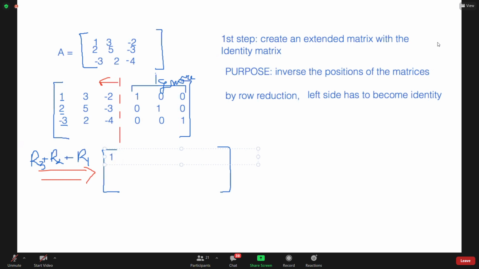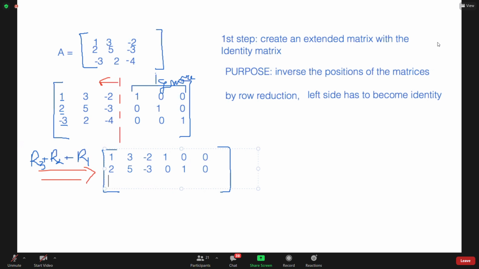So 1, 3, -2, 1, 0, 0. Then 2, 5, -3, 0, 1, 0.